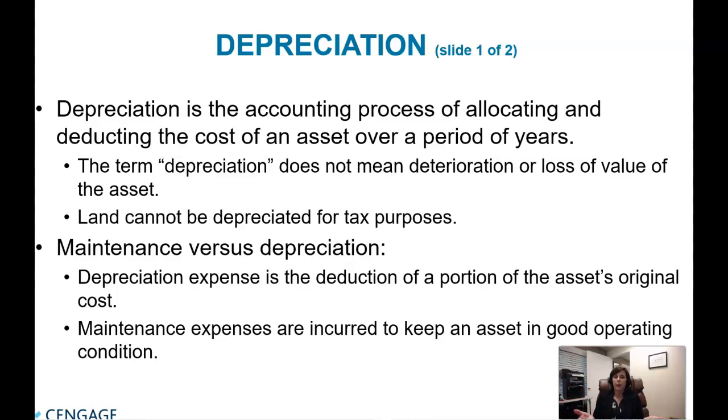But what happens when we make additional investments into this item? Are those part of the capital costs that require depreciation, or are those maintenance expenses that we can take as an expense deduction in the current tax period? Well, we'll get into that.